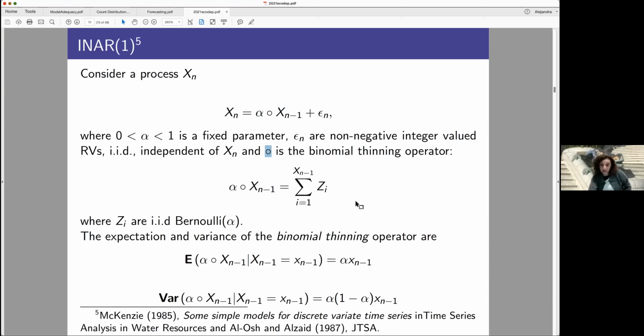So as we had before, the conditional expectation and variance are readily computed like this.